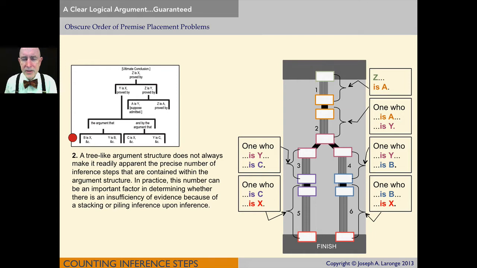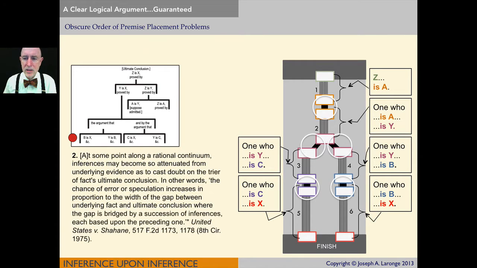And this can be really important when your audience is trying to determine how much piling of inference upon inference is happening. So with the Elbe Bridge, you can see every time you have a connection, which we've discussed, you can see 1, 2, 3 inference steps here, 1, 2, 3 inference steps here.